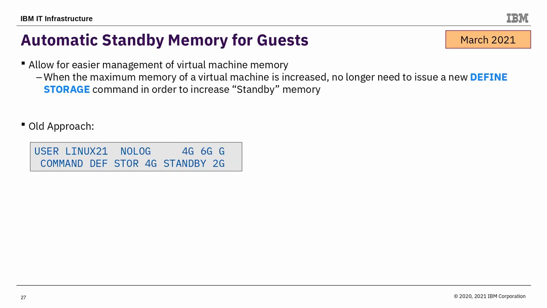The storage and max storage numbers, so the 4 gig and 6 gig on the top line there, are quotas to limit that. So if I issued DEFINE STORAGE 4G STANDBY 3G in my class G virtual machine, then it will say, no, you can't have that much.